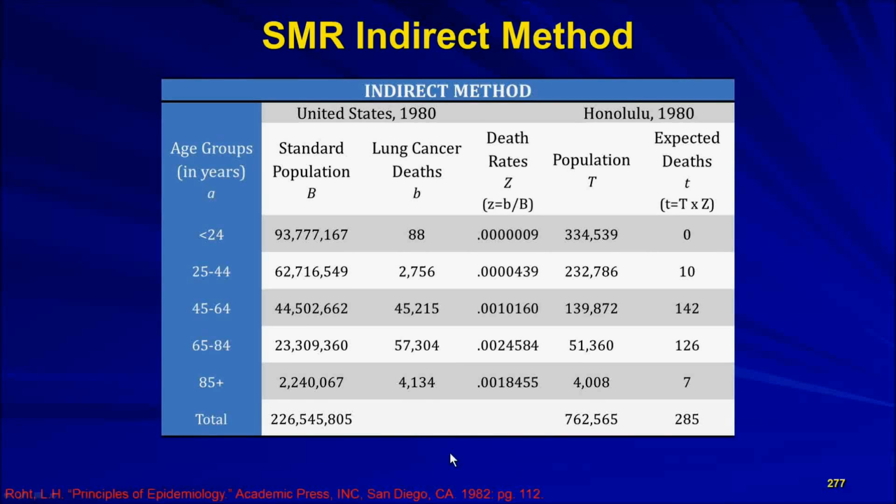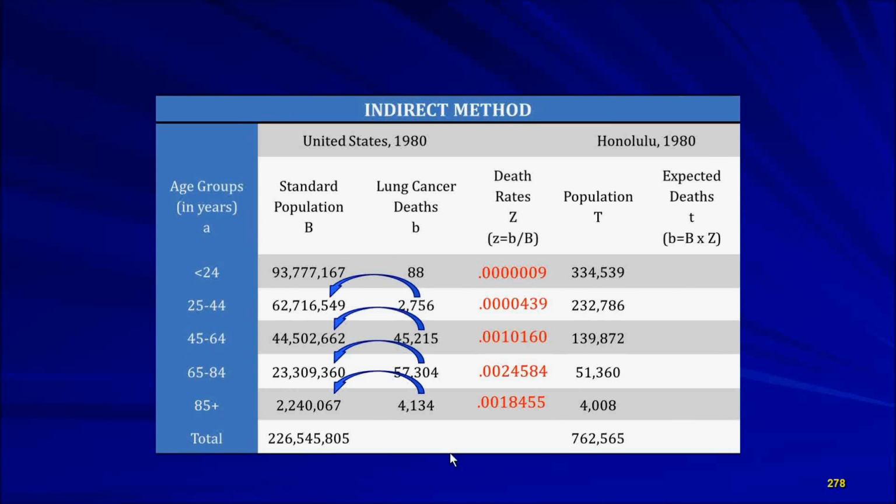Okay, let's go through this. How are we going to come up with this answer? We've divided 88 by this to come up with this. There's no 10 to the 5th there, so you're confident of this value. We follow the same process for each one of these age groups, just like you did for the direct method, although the data is switched from the right to the left for the U.S. standard population.